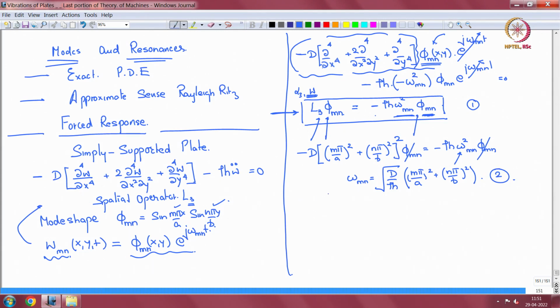Now we are into this section of forced response of plates and shells.